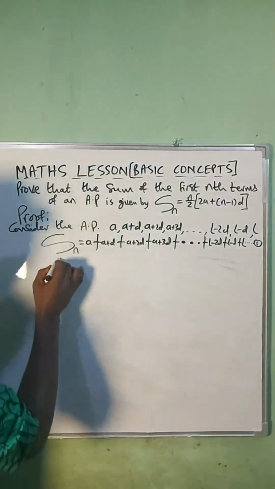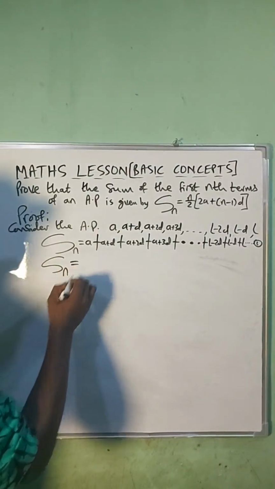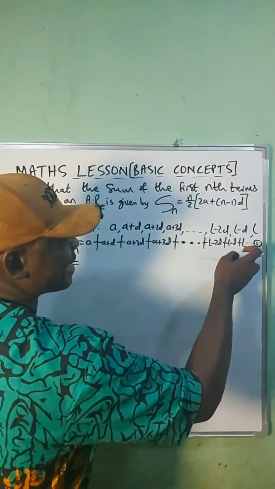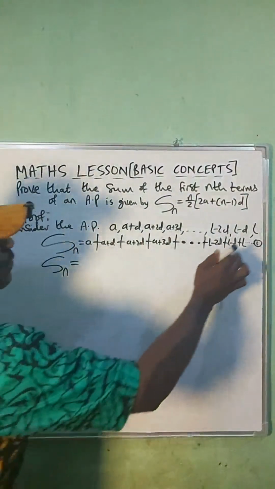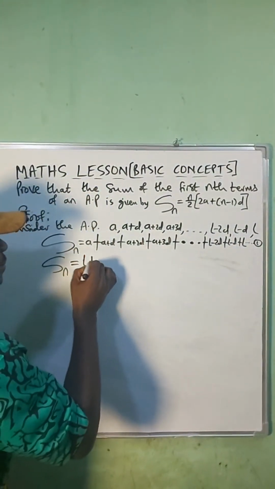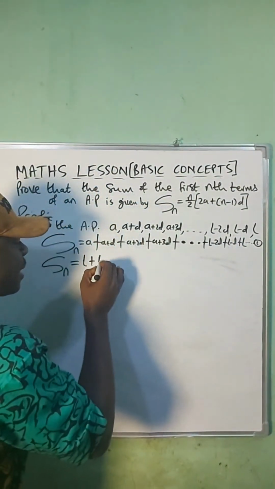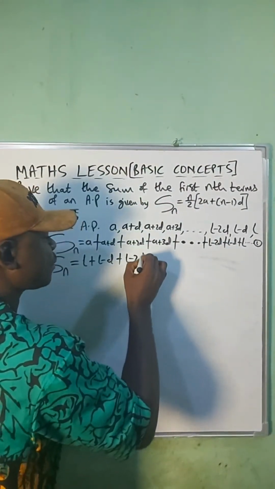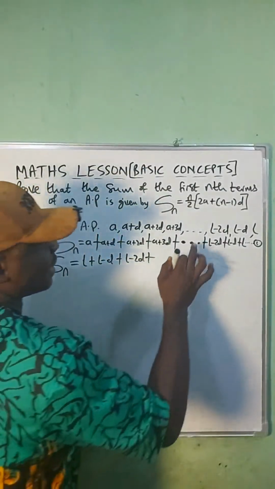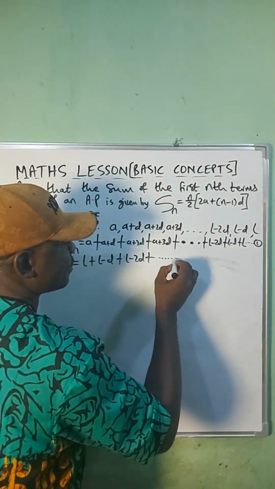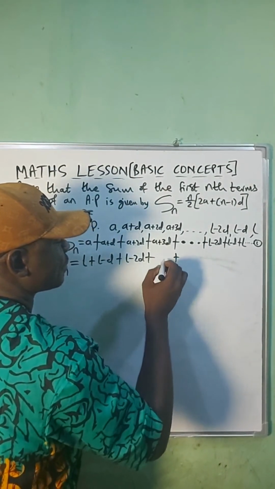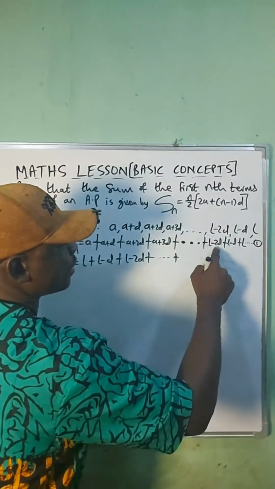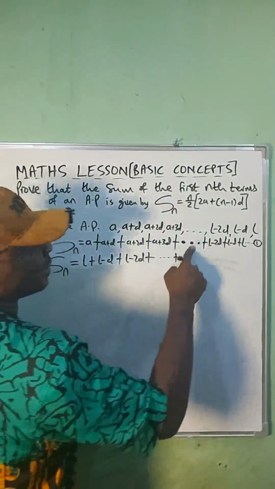Then I'll sum it again. I will now start from the last: the last shall be the first, and the first shall be the last. So I'll start from L. Then L minus d, then L minus 2d. After that, there is a dash, for the terms in between.